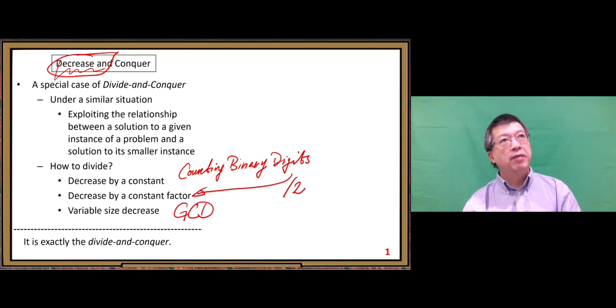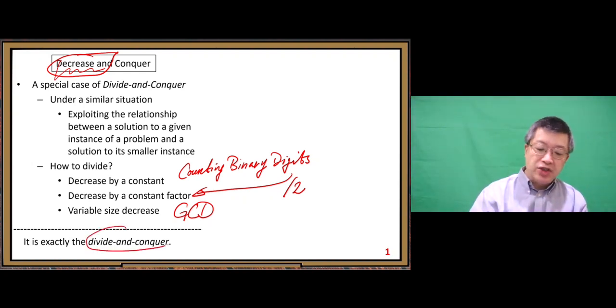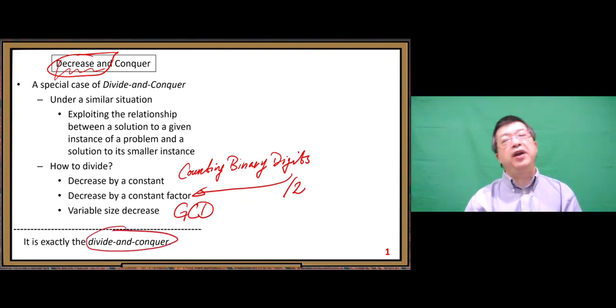Most people, 90-something percent, still call it the traditional divide and conquer, because it is more popular and most people can understand the meaning immediately. If you call it decrease and conquer, people need to ask you for the details. What do you really mean?